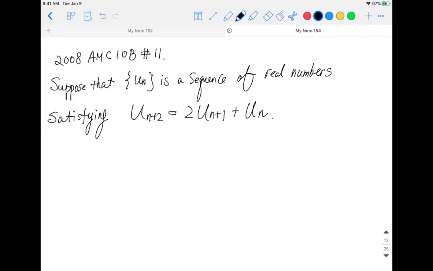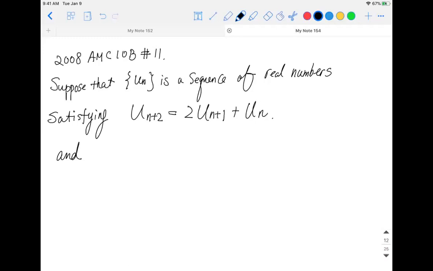Same thing, right? The question gives you a recurrence formula. Trust me, this is very common in math competitions. It gives you a recurrence formula. And like I said, for a recurrence formula, they always need to give you some starting points, some base conditions.